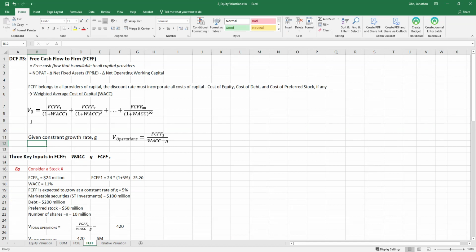It is free cash flow to the firm divided by WACC minus G, assuming a constant stable growth rate. All right.